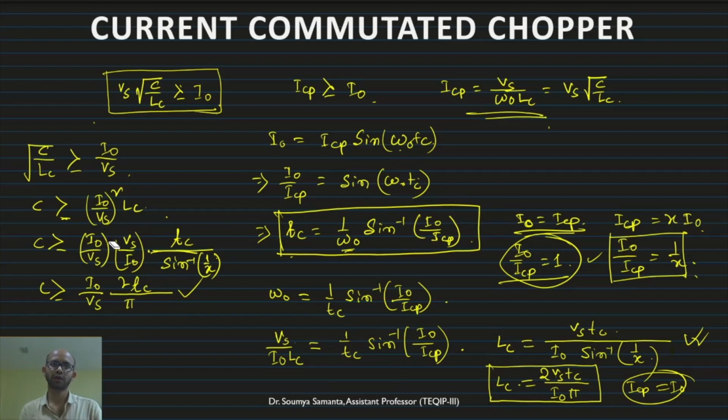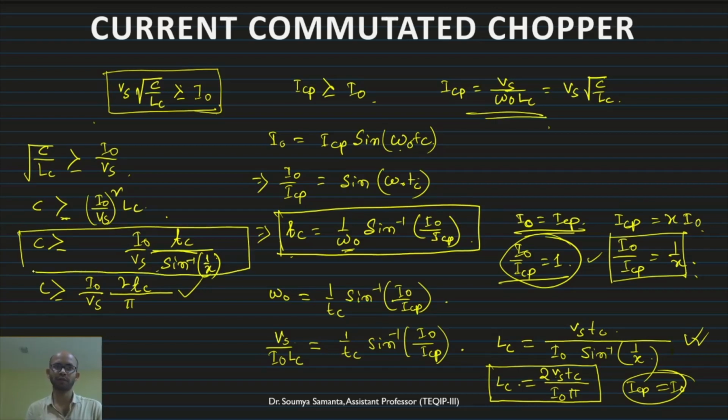Let us remove this part. I think you understood how we are going to get it. Let us simplify. This is I naught by Vs. This is one expression, and this is another expression if we consider I naught equals ICP.